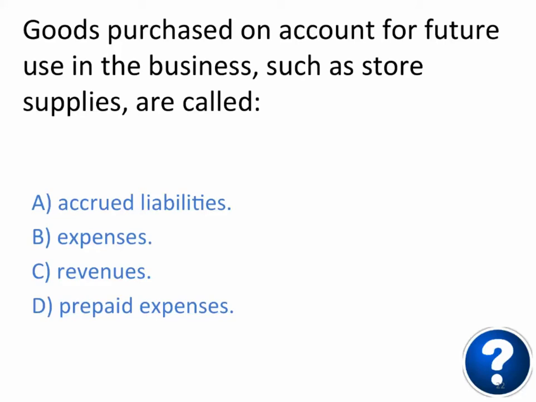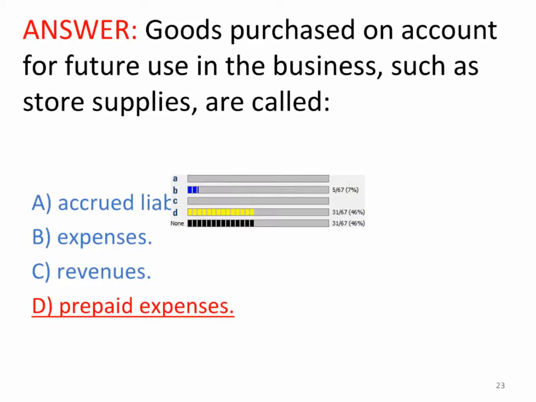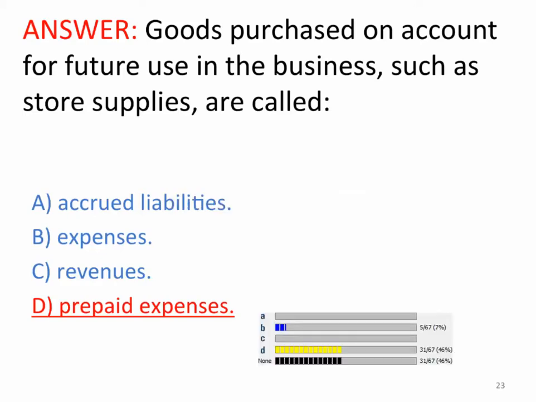Hurry. Okay. Goods purchased on account for future use in the business, such as store supplies, are called, you're absolutely right, prepaid expenses. So in this case, this would be called prepaid supplies.